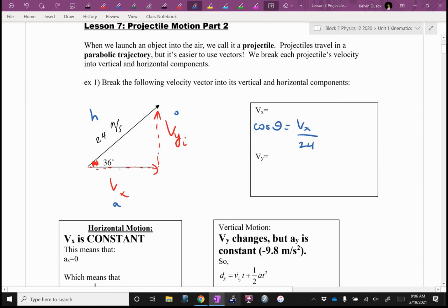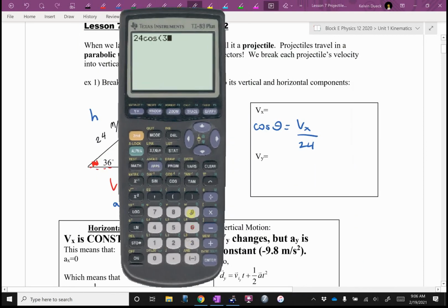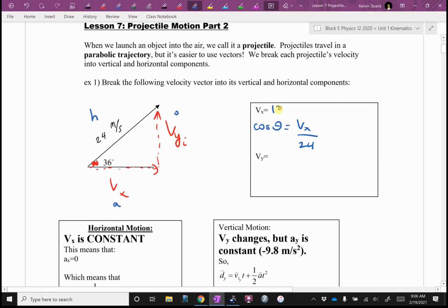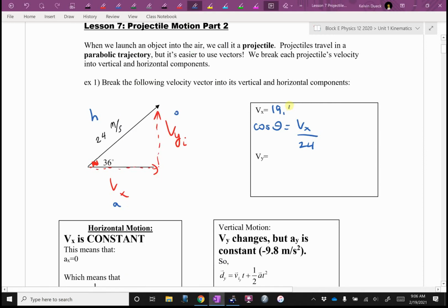So if you want me to find what Vx is, it's going to be 24 times the cosine of 36 in this case, and I get 19.41. If they just asked me to report the answer, I'd go to 3 sig figs, 19.4. If I was doing something with this, I would carry some extra sig figs somewhere just so I'm not rounding off willy-nilly.